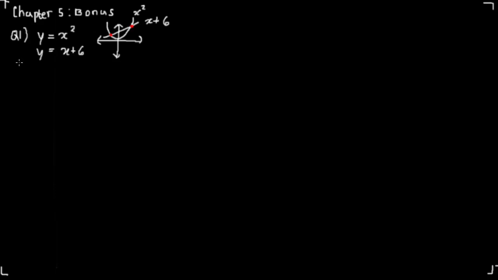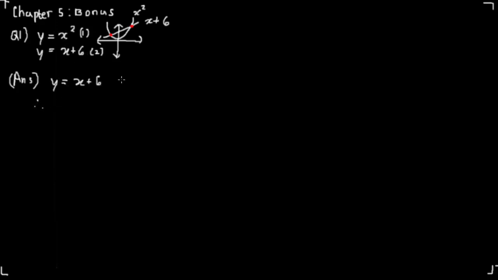Let's begin with this. Let's label this one number 1 and this one number 2. Equation number 2, you guys should be able to recall this. So let's start out with a simple one: y equals x plus 6, right? We can see that y equals x plus 6 and y also equals x squared.